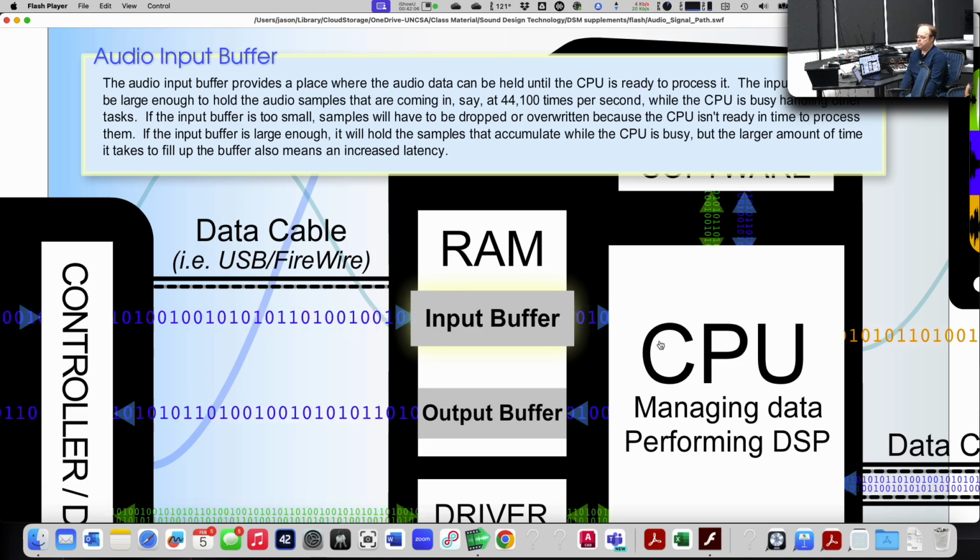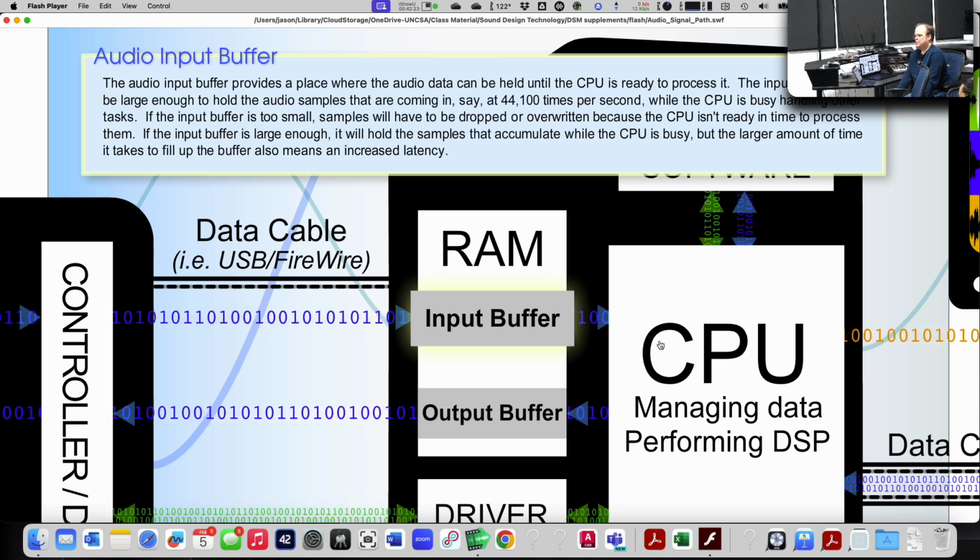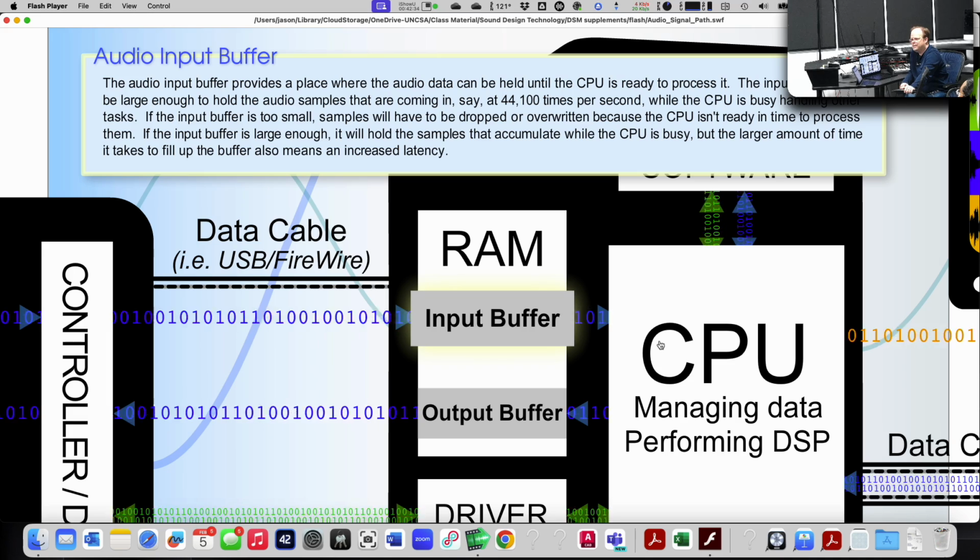And there's a lot of different options of what it might be doing, but those things take time. And the computer has a lot of other things it's doing too. It's not just thinking about your sound, it's thinking about what time it is, and whether you just got a new email or not, or it's checking to see if there's any software updates that have come out recently.